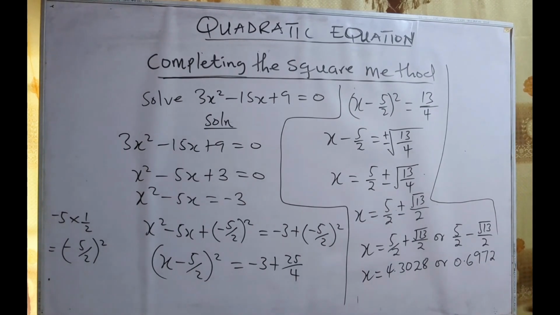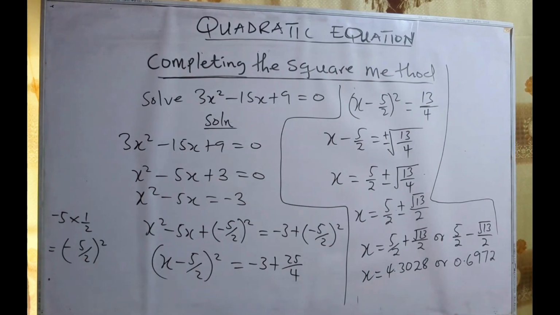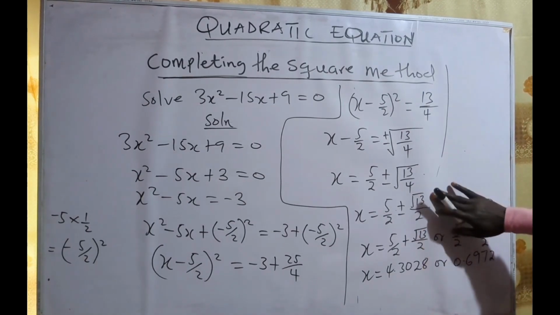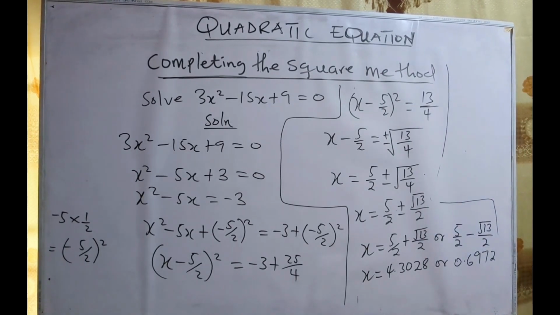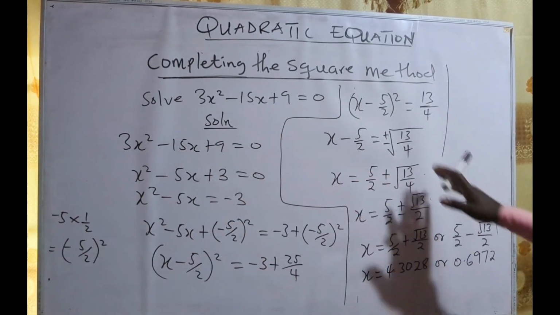So these are the two values of x we are going to have. Either x is equal to 4.3028 or 0.6972. All right. Okay, so this is the answer to our question using completing the square.